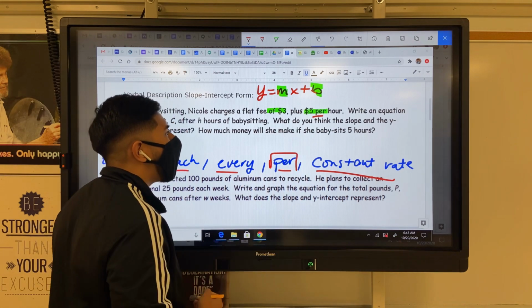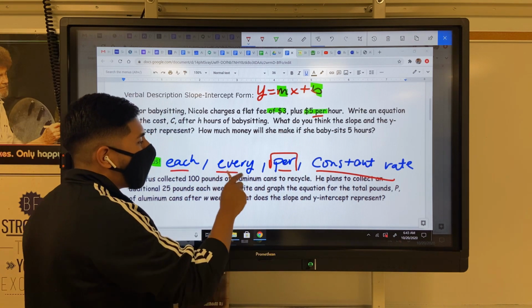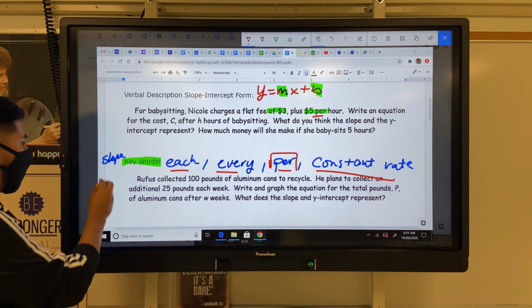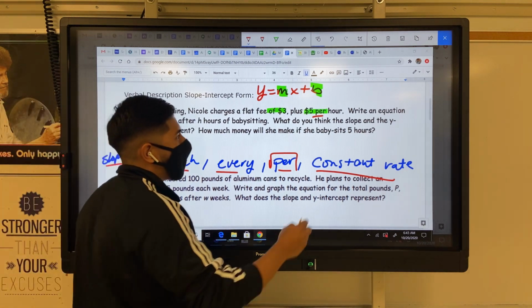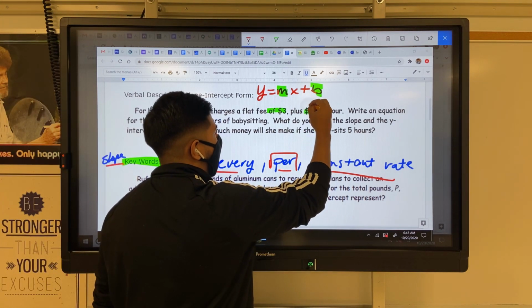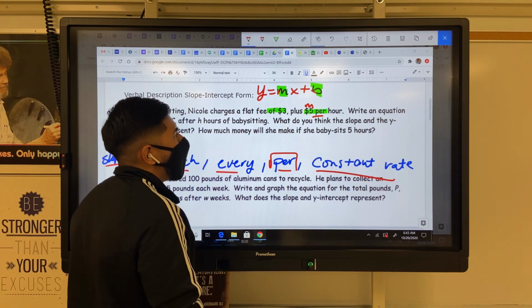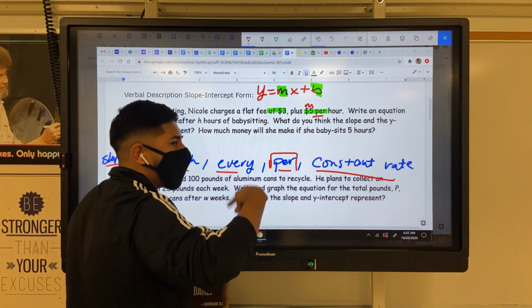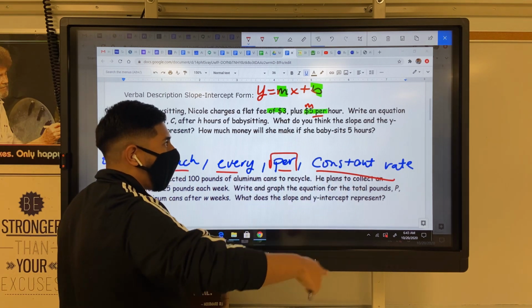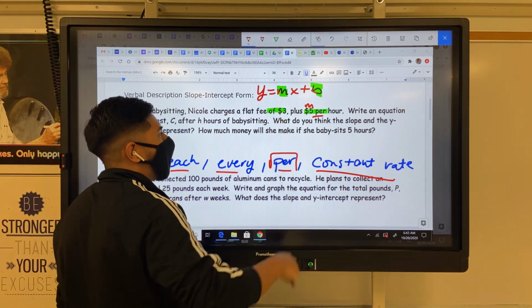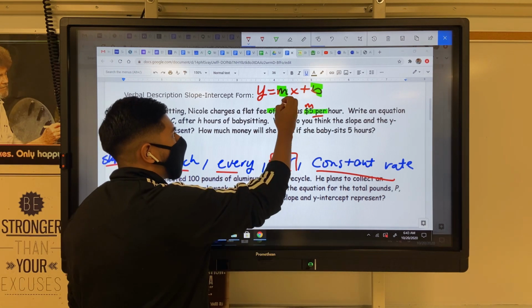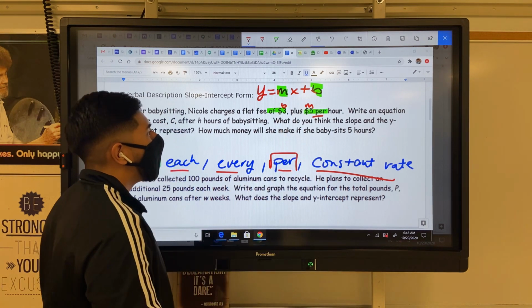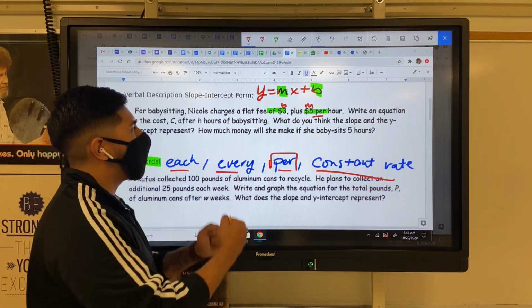So since per is my keyword, which is my slope, I should identify that this is my m value, which is reoccurring because it's always getting charged every so often. The $3 only happens one time, so this is my b. So then all you got to do, put the numbers in.